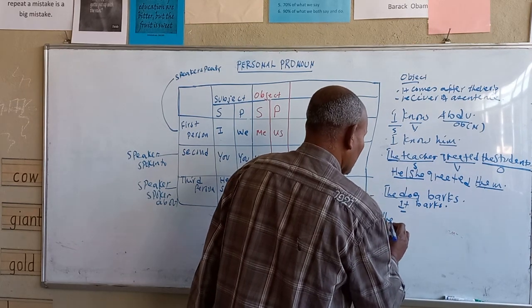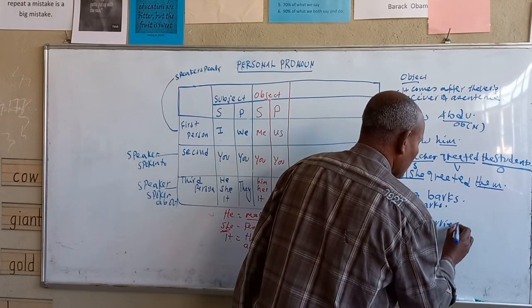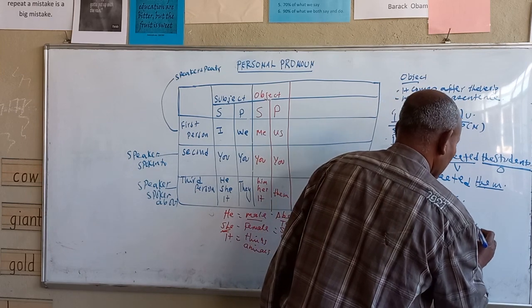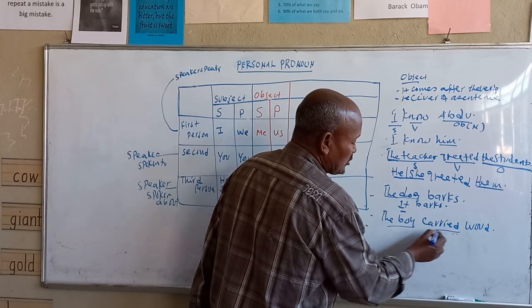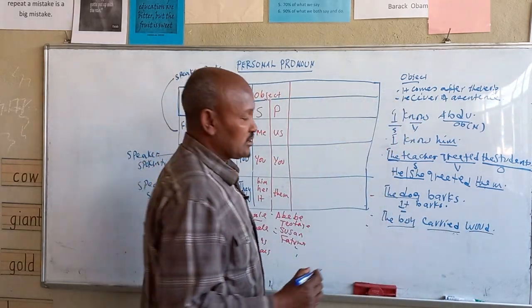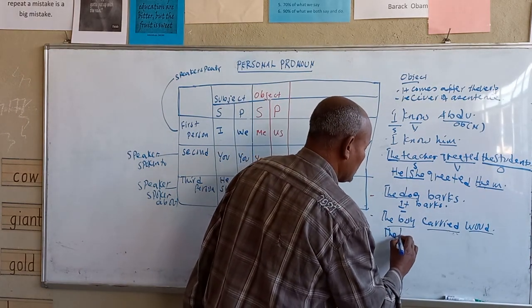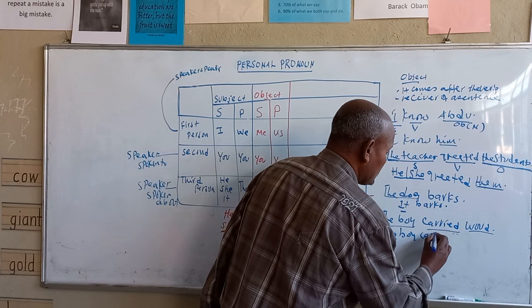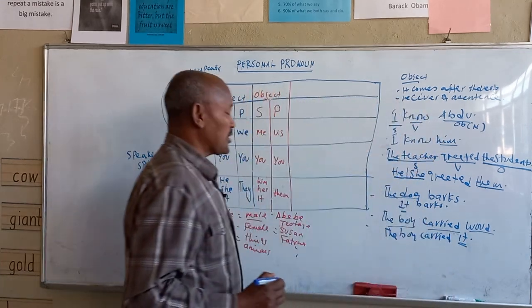Now look here, the boy carried what? The boy is the subject, and this one is the verb, and this one is the object, which is the name of a thing. So I can write: the boy carried it.